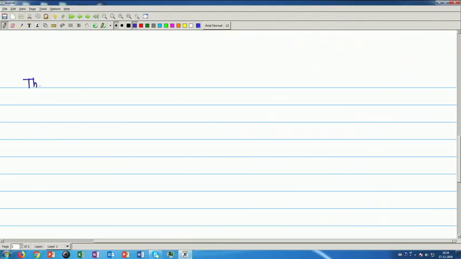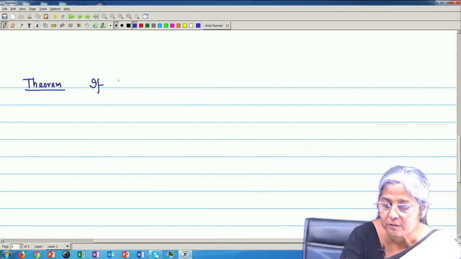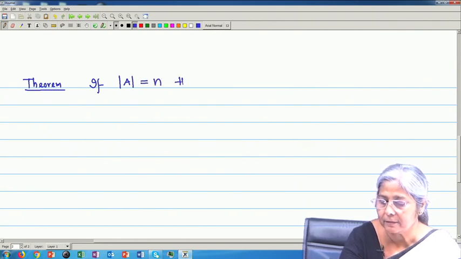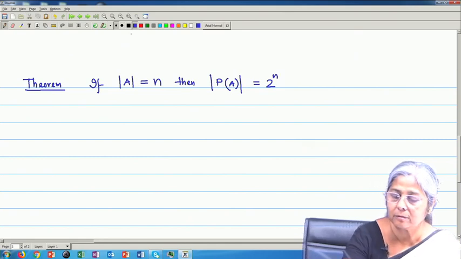I give a theorem that if cardinality of a set A equal to n, then cardinality of power set equal to 2 to the power n.